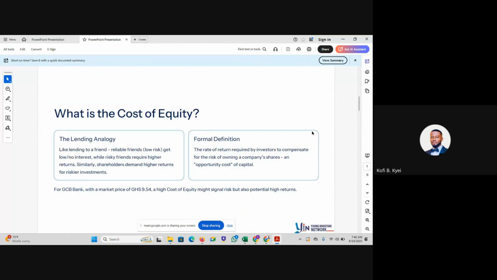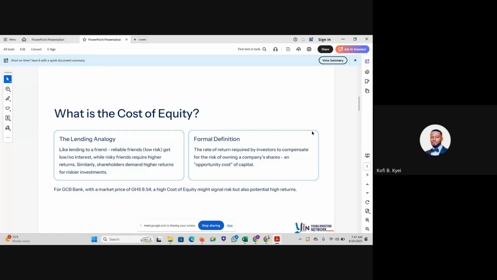Now, what is cost of equity? I want us to use a lending analogy, like lending to a friend. A reliable friend, we say, is low risk, so you charge low or no interest. Risky friends, because they are risky, you want to put a high cost on them, so they require higher returns.